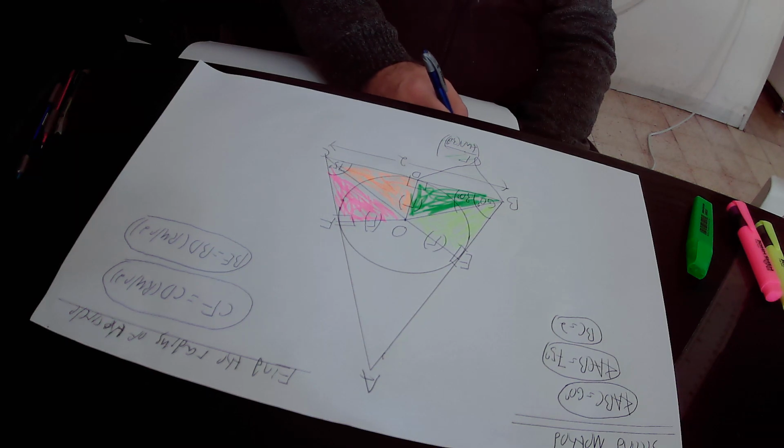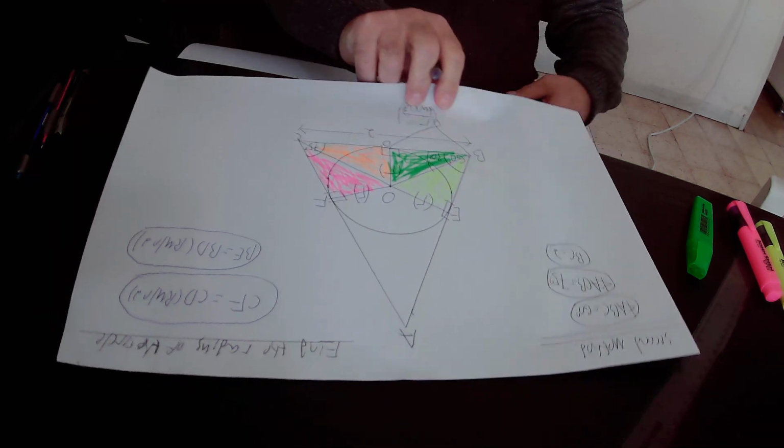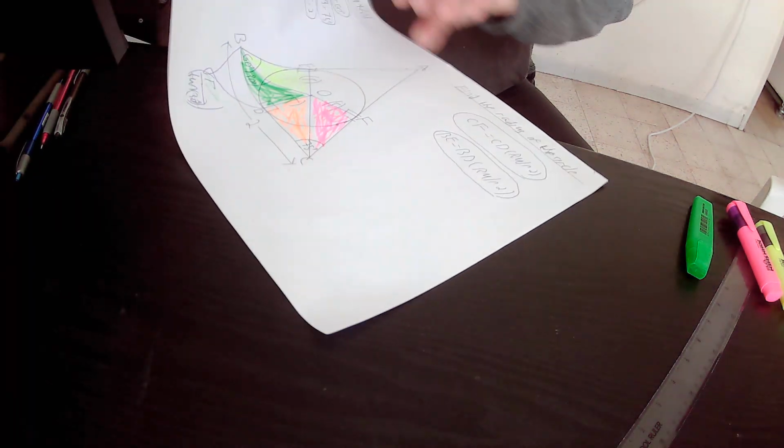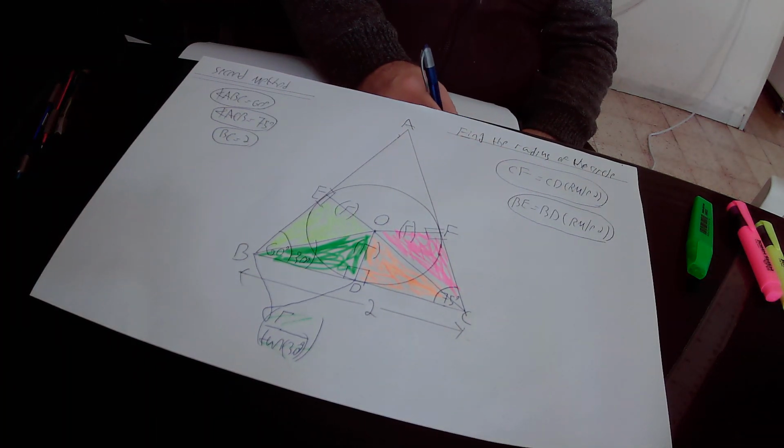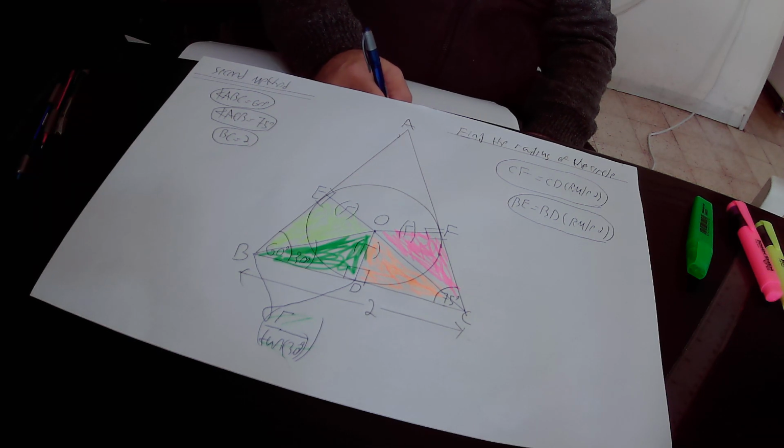So the orange triangle ODC is congruent to the pink triangle OFC.